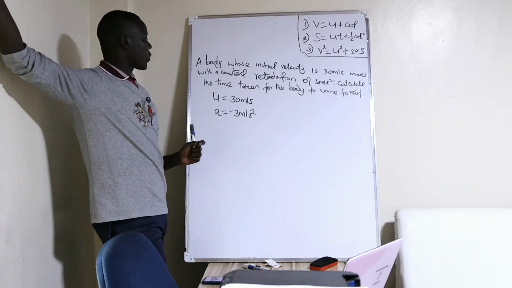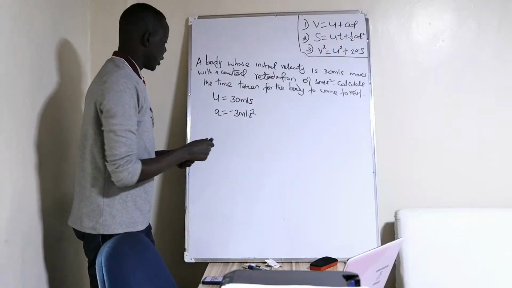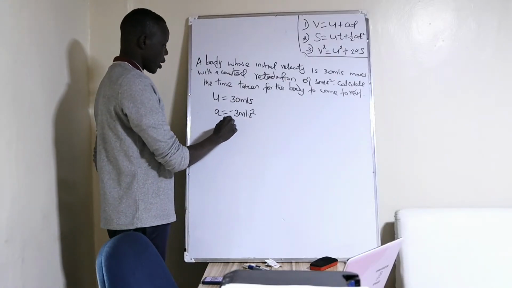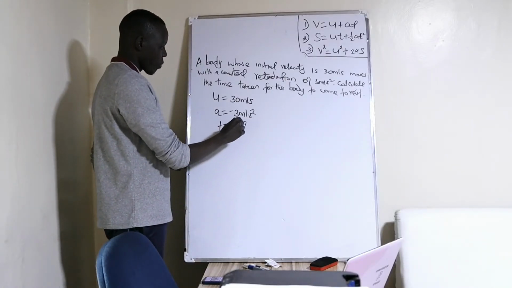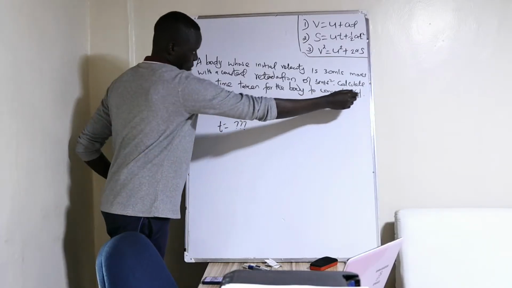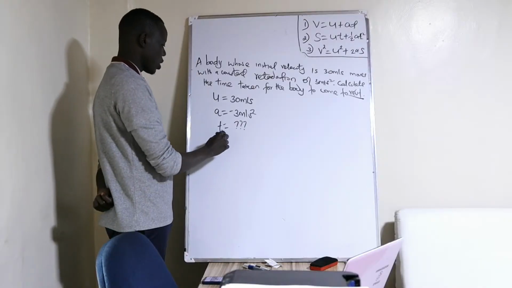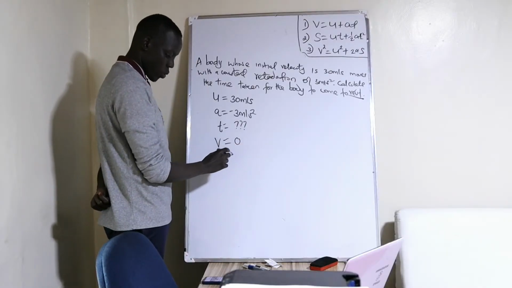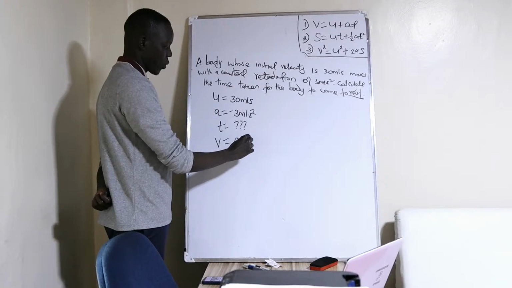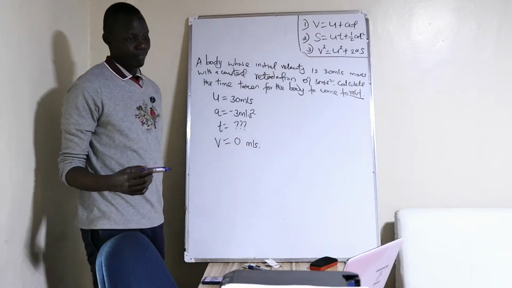Calculate the time taken. Now t. Calculate the time taken for the body to come to rest. Meaning, the final velocity to be 0 meters per second. That is the point.